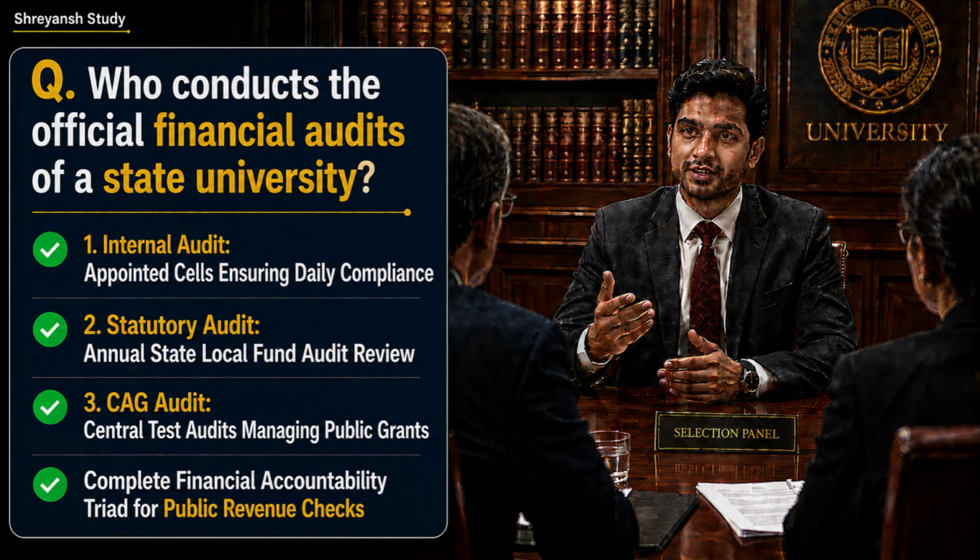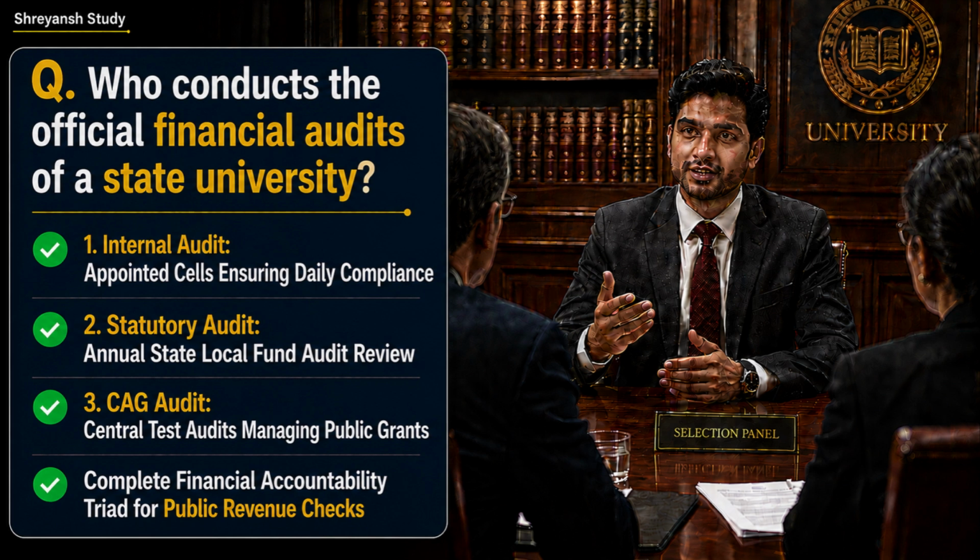Sir, the financial accounts of a state university undergo a multi-tiered audit process to ensure complete fiscal propriety. 1. Internal Audit, performed by the university's Internal Audit Cell or appointed chartered accountants to ensure real-time compliance with accounting rules. 2.